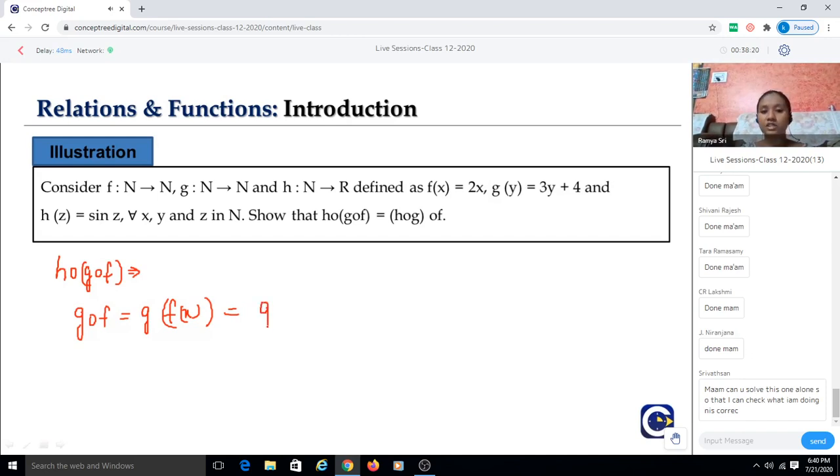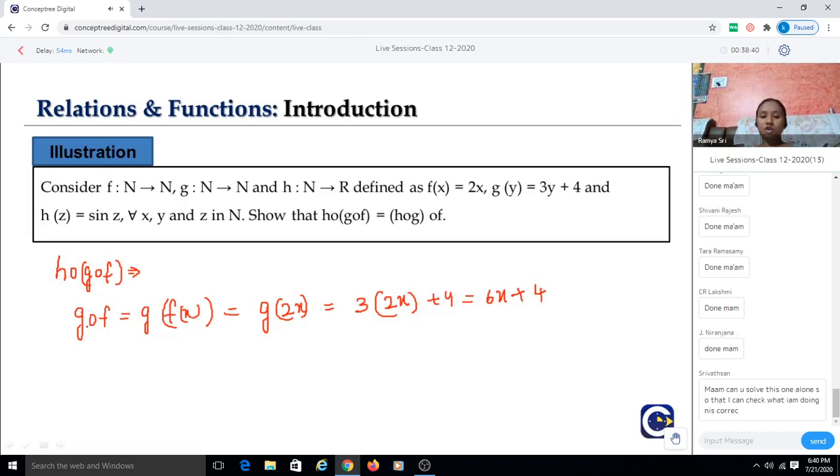So g of f of x, so it will be g of 2x, since our f of x is nothing but 2x. So here in place of y we have to substitute 2x. So it will be 3 times 2x plus 4, which is equal to 6x plus 4. So here if you observe, we end up having g of f equal to 6x plus 4.